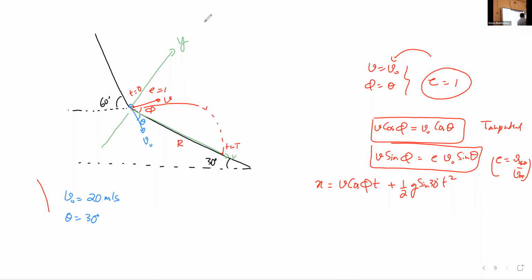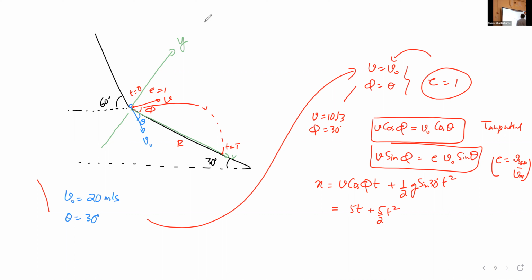When we substitute these values, v is equal to 10 root 3 and phi is equal to 30. So we get 10 root 3 into root 3 by 2, that will be 5t, plus 5 by 2 t squared. This is x as a function of time, taking g as 10 and sin 30 as half.